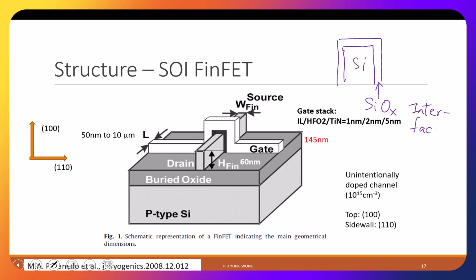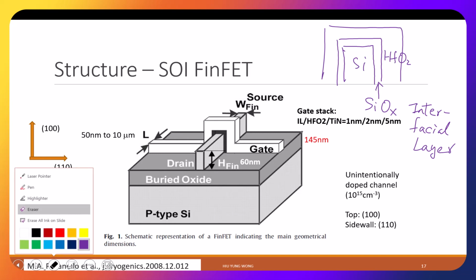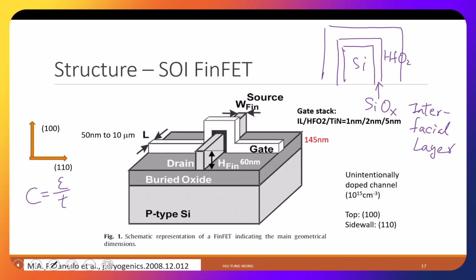Interfacial layer. Why interfacial? It's between silicon and something called hafnium dioxide. Hafnium dioxide has a very high permittivity. I think I mentioned earlier, right? Capacitance equals what? Thickness divided by epsilon. No, it is wrong, right? What is capacitance? Hey, you're an electrical engineer. Epsilon divided by thickness, right?